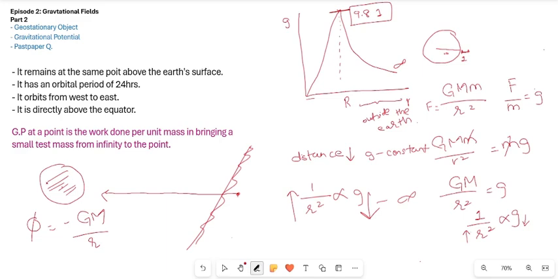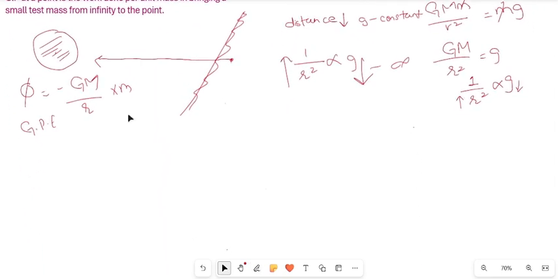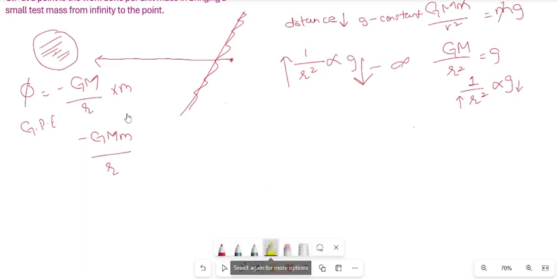But if you want to find gravitational potential energy, all you have to do is multiply this with m, and you will get minus GMm over r. So you got two formulas: minus GM over r for the gravitational potential, and minus GMm over r for gravitational potential energy.